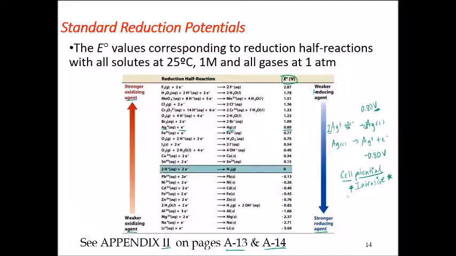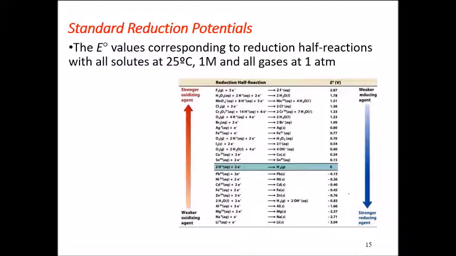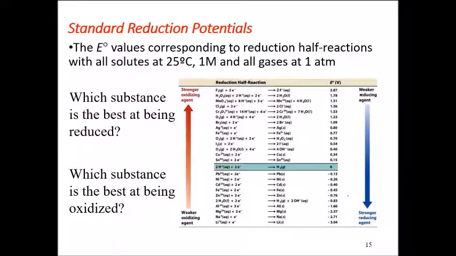So now let's go ahead and take a look at our reduction potentials here. We want to look at which substance is best at being reduced and which one is best at being oxidized. Since these are reduction potentials, the one at the top with the highest E voltage is going to be the best at being reduced.